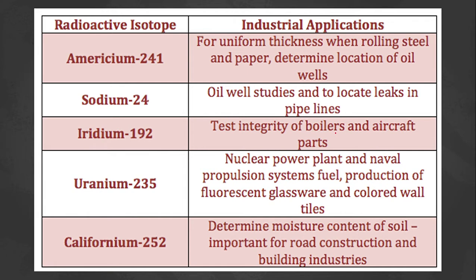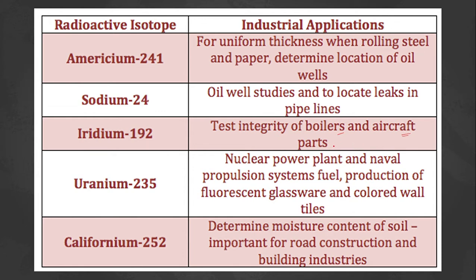Pwede rin sa mga boilers and aircraft parts, pero ang ginagamit naman nila dito ay iridium-192. Okay? Especially sa mga aircrafts. Ginagamit yan sa radio photography. So halimbawa pinicture mo yung isang part ng aircraft, makikita agad sa machine na ginagamit sa radio photography kung merong mga maliit na cracks.